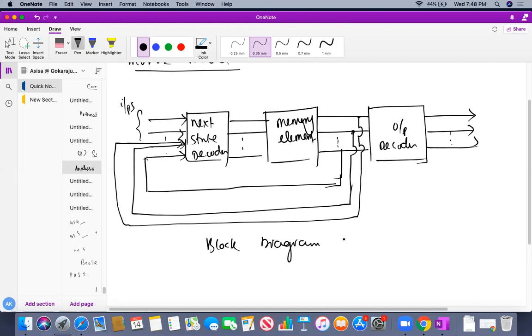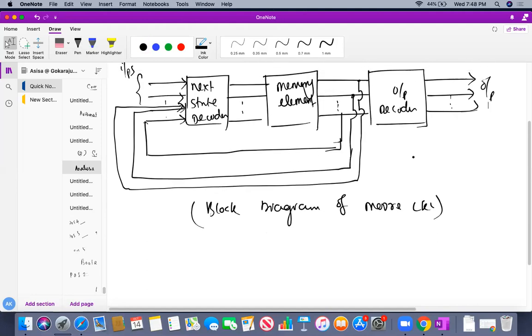How can we define a Moore circuit? A Moore circuit's output depends only on the present state of the flip flop.